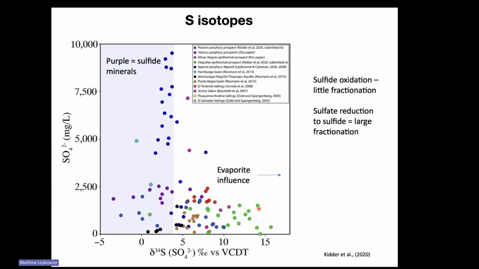And really what this graph is showing is that as groundwater interacts with ore deposits, the amount of sulfate goes up because we oxidize sulfide to sulfate, and the isotope value goes down because the groundwater takes on the isotopic value of those sulfides. So again, it's a potential exploration tool.